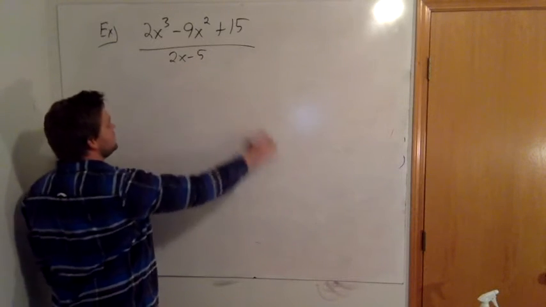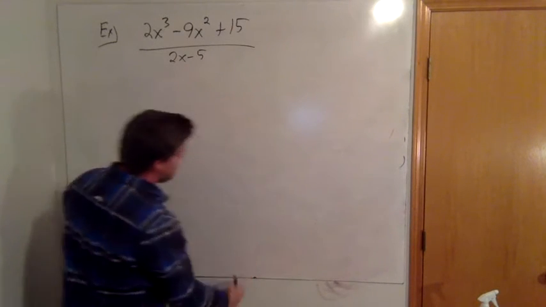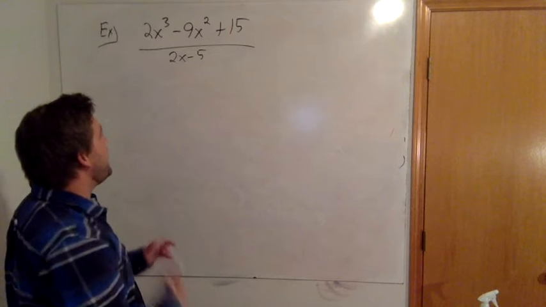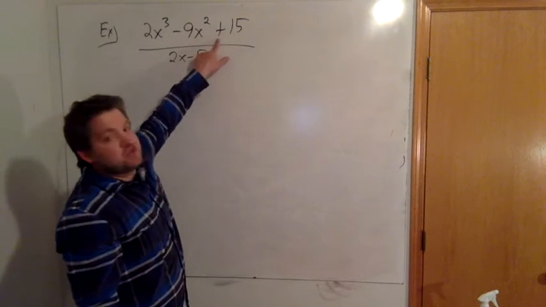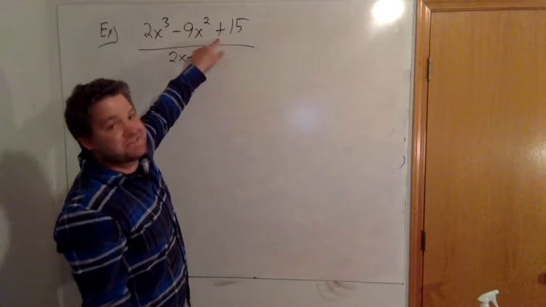So don't pause the video quite yet and try this on your own, because what I want to talk about is what happens when our dividend, the polynomial, is missing a term. Notice here it doesn't have an x term in here.